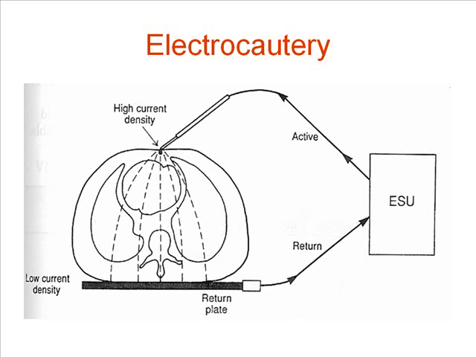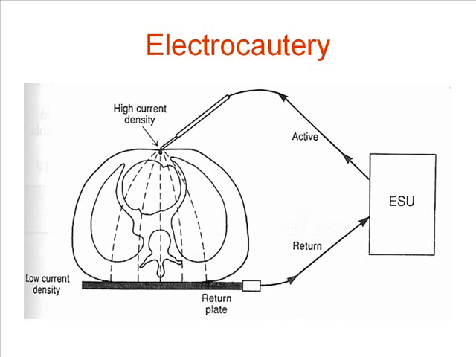Let's close up by taking a look at electrocautery. The electrocautery system involves a high frequency current coming from the electrosurgical unit, also known as a Bovie, because it was invented by Dr. Bovie.